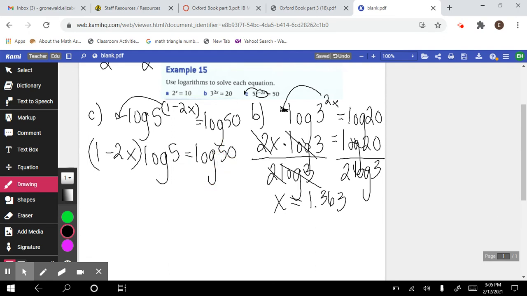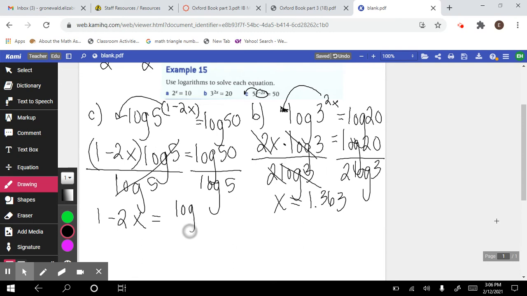I can divide by log 5. Always keep your answers as exact as they can be to the very end, as long as you're okay with plugging it into the calculator. I just have 2 more steps.